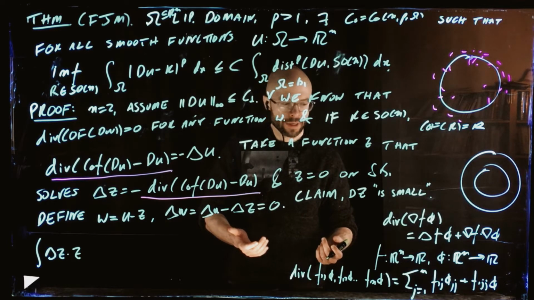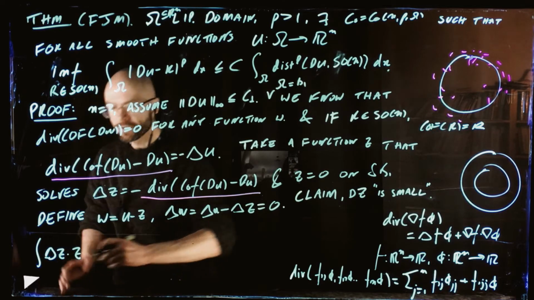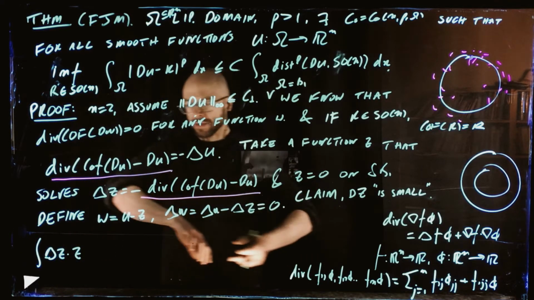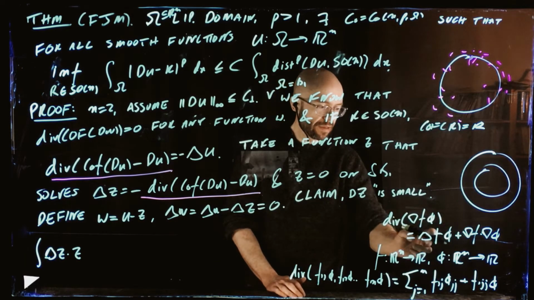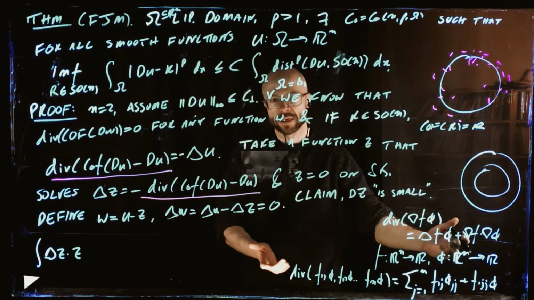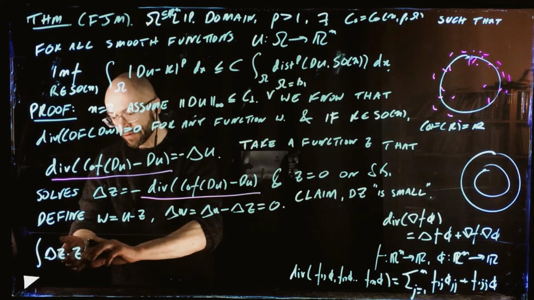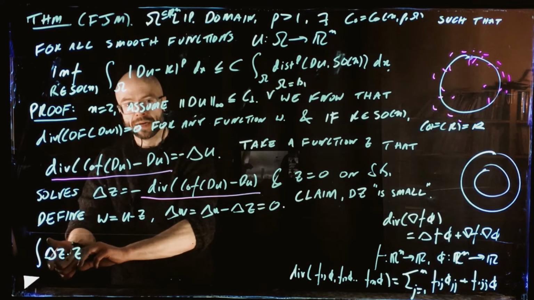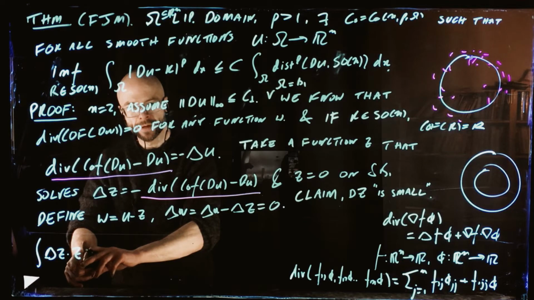So for each component, we have a function from R2 to R, and therefore it's exactly an expression of this form, Laplacian times a scalar valued test function, where the test function is z1 and the Laplacian of z1, yeah? And then the next row is Laplacian of z2 times z2, yeah?